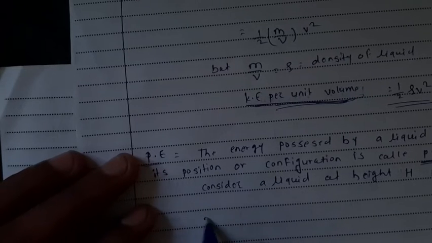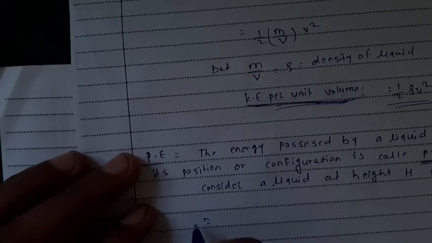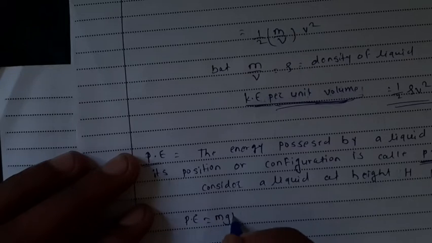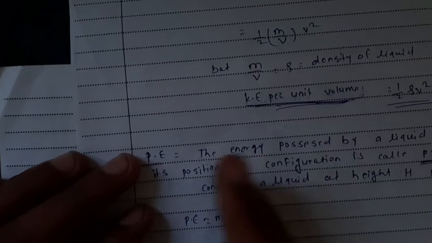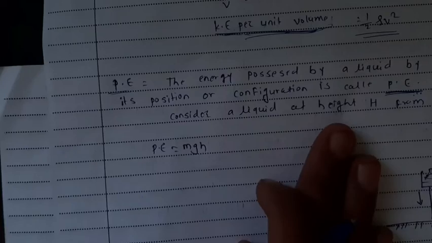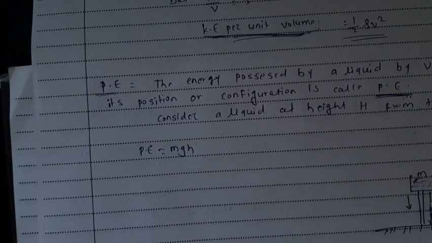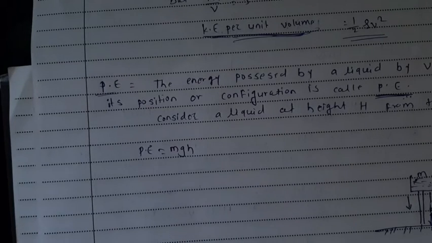So you can write here, potential energy is mgh. The work done by the force is negative, but this work is stored in the form of potential energy, so it is plus mgh.